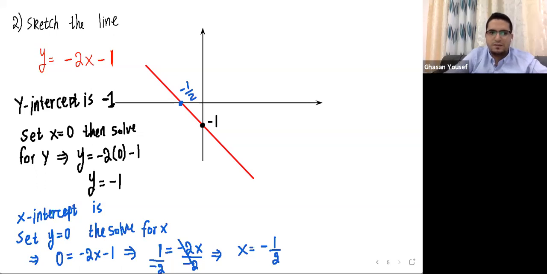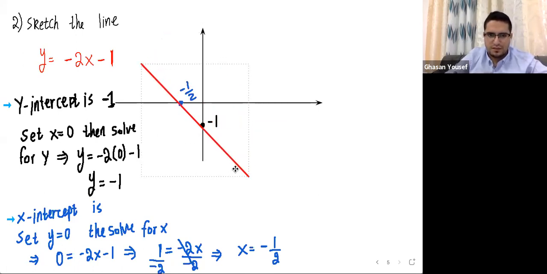Make sense? Any question? So this is my line. In the exam, you have to find the y-intercept and the x-intercept. Because the slope is negative, you should know the line will be something like this.